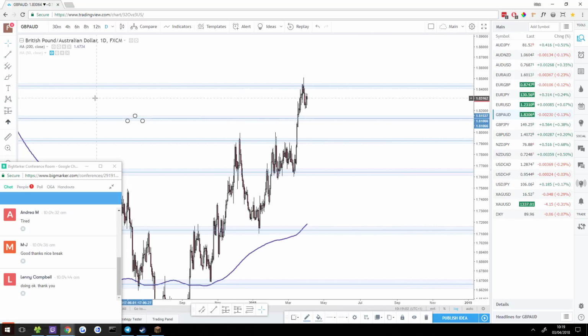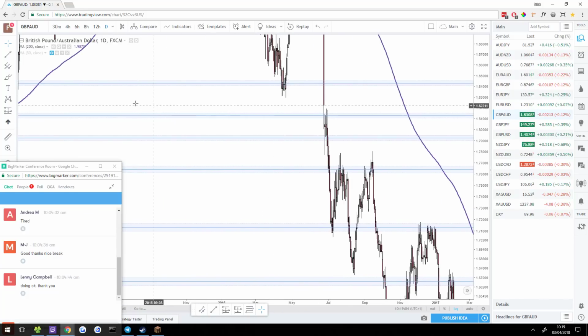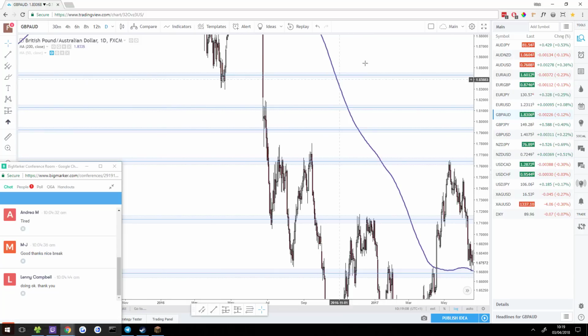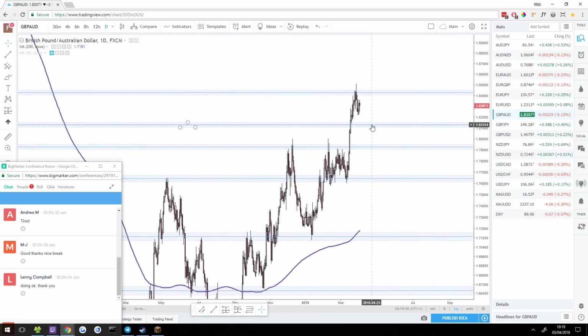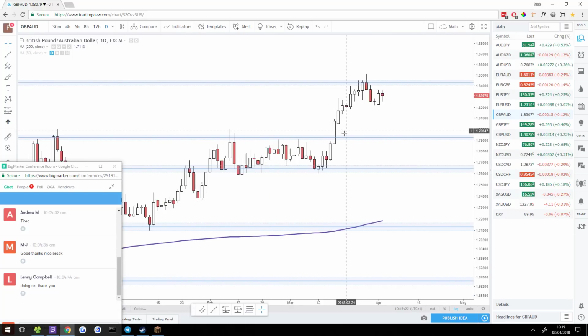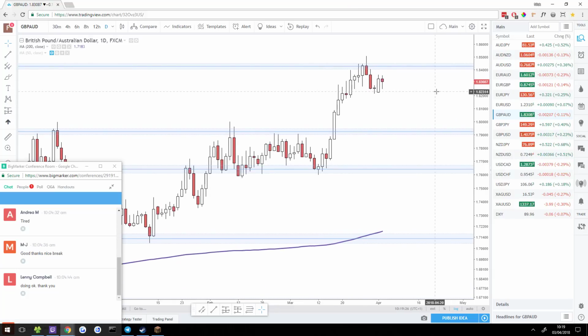I placed this one based on data from all the way back in 2014. Now, when I do that, usually I place the area and I say to myself, if price reacts at this area, I'll keep it. If it doesn't, I'll lose it. So we're losing that area because price clearly didn't react at it. Price just went straight through it. So no point in having that support resistance area up there.